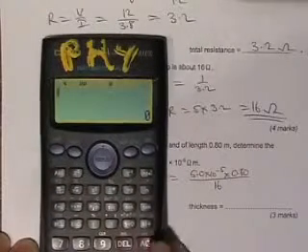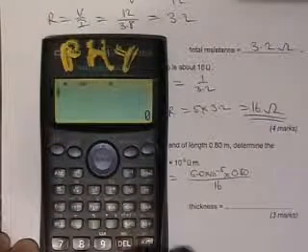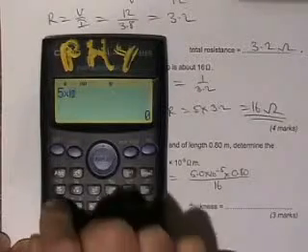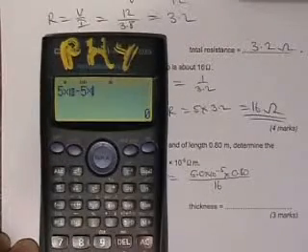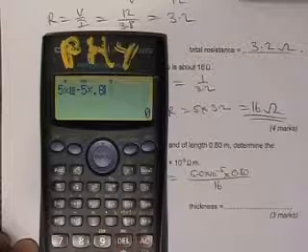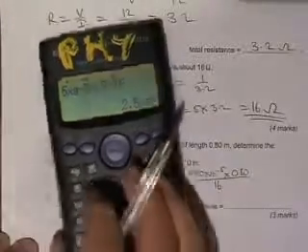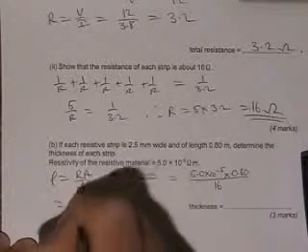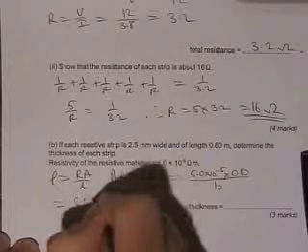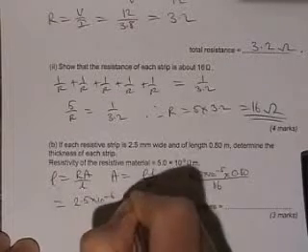I bet you'd do the calculator. So let's do it on the calculator. 5 times 10 to the minus 5 times 0.8 divided by 16 equals 2.5 times 10 to the minus 6, and that's the area, so it's metres squared.